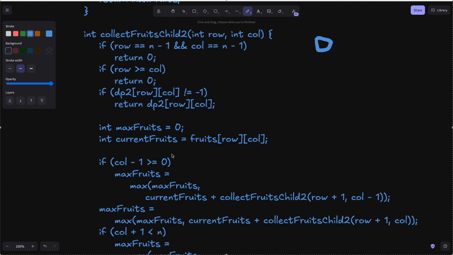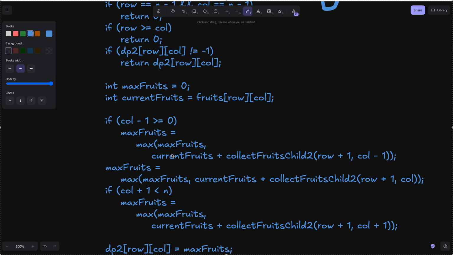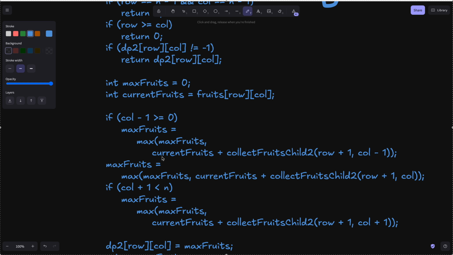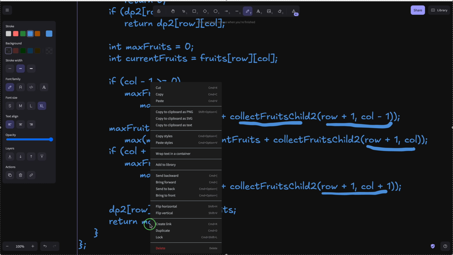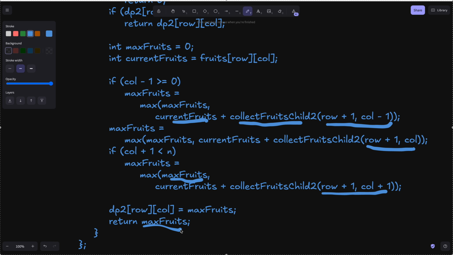Now we check the fruits: the current fruits, plus we collect the fruits from i plus 1, j minus 1, that is row plus 1 and column minus 1, i plus 1, j, and i plus 1, j plus 1. All three conditions are taken, and we find the maximum out of all three. Whatever comes as the maximum will be returned as the answer.